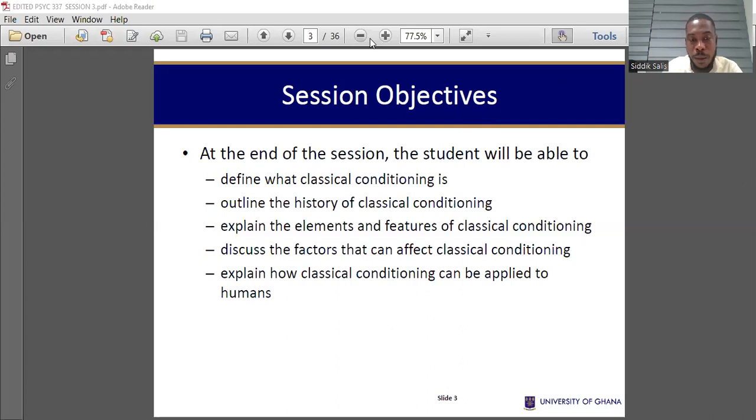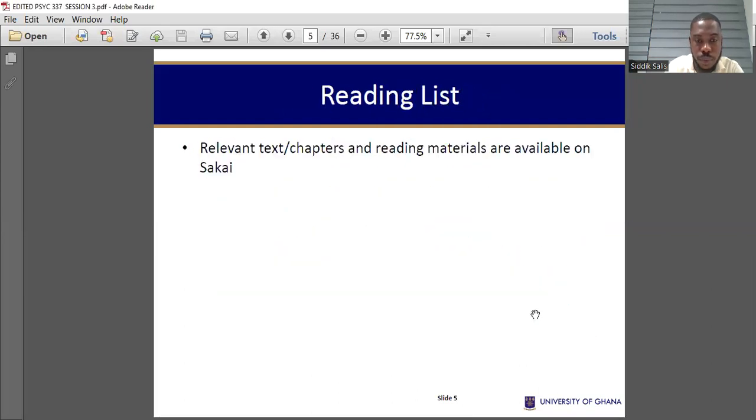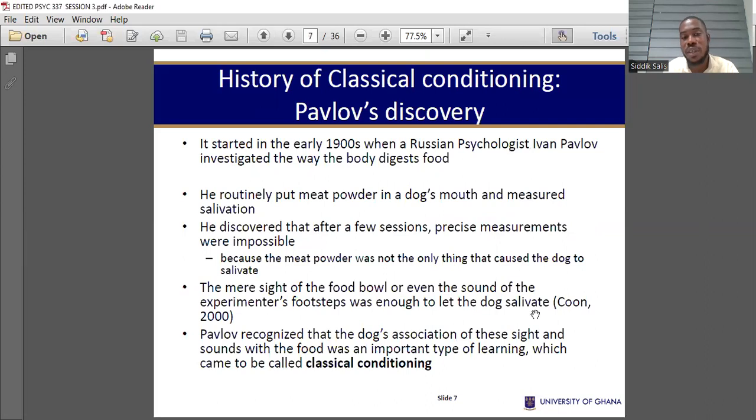Now, let's go into the slides. We've answered most of the things here already. Therefore, I will just be reading. And that's why I started by summarizing this very point. So it started in the 1900s. We've said that already, by a Russian. You see here, this is the mistake I said. I think it was an oversight. A Russian psychologist, Ivan Pavlov.